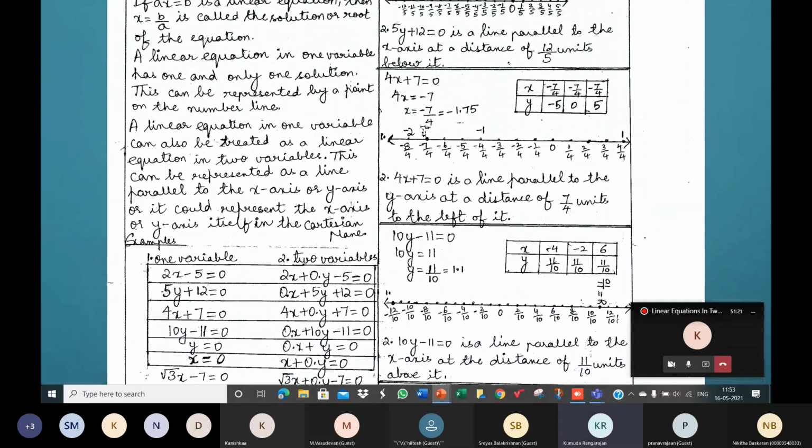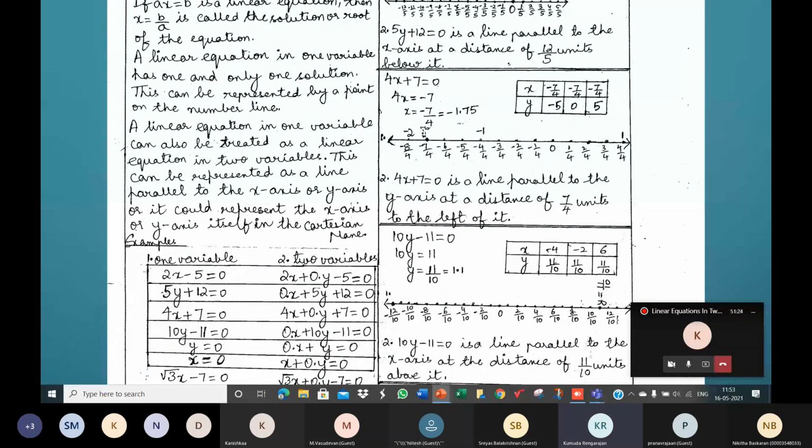Now let's see the graphical representation. How is it graphically represented? Every linear equation, whether one variable or two variables, can be represented graphically. What we just did is the algebraic approach: x is equal to minus 5 by 3.